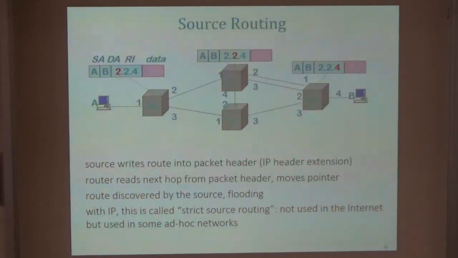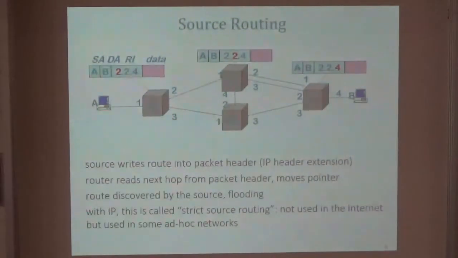Then by some mechanism, when A has a packet to send to B, it needs to know a path to go to B. Here, a path is simply described as the collection of interface names like ETH0. There can be interface IP addresses. Here I'm using interface names or labels.